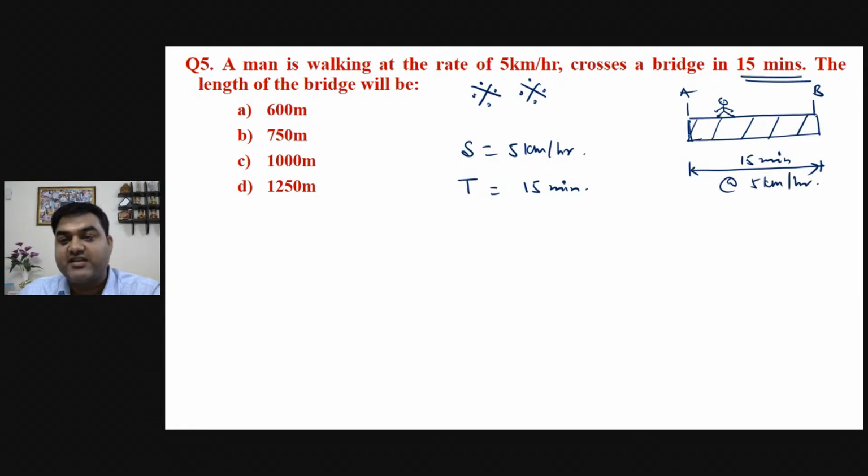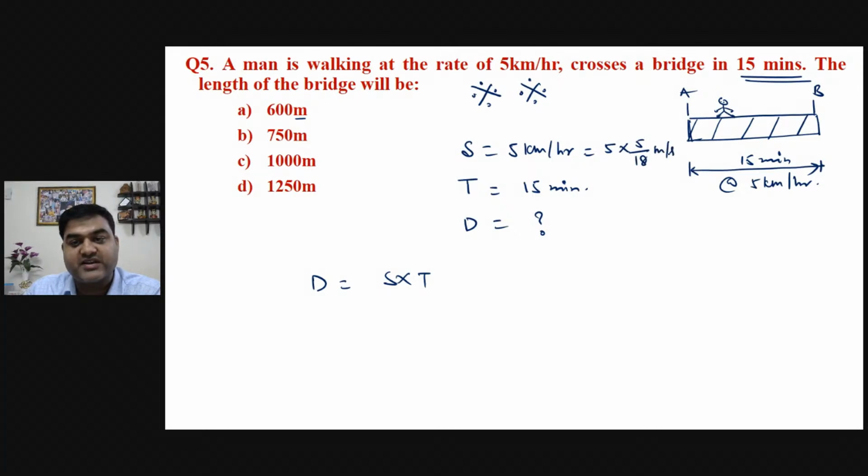So basically, the length of the bridge is nothing but the distance traveled. So they are trying to ask what the distance traveled is. Again, D is equal to speed into time, and the options are given in terms of meter. So 5 kilometer per hour has to be changed into 5 into 5 by 18 meter per second.